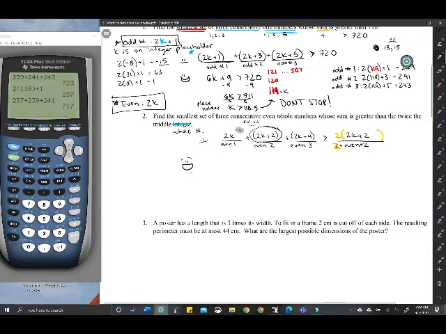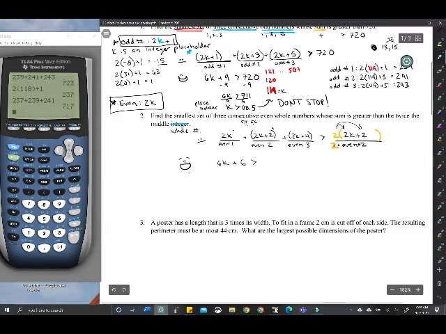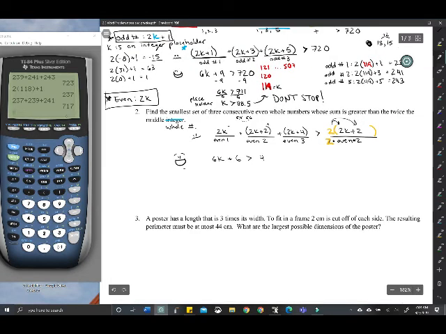Okay, so we're just going to add our like terms. 2k, 2k, 2k, 6k plus 6 is greater than, distributing, 4k plus 4. A little inequality to solve. That really should not be too crazy for you. I hope.